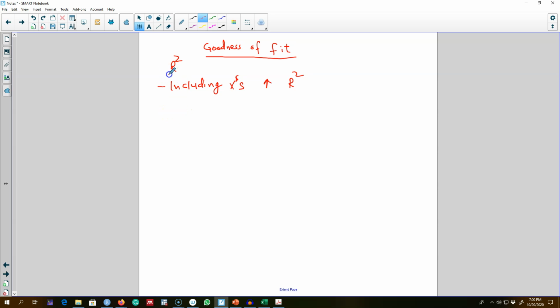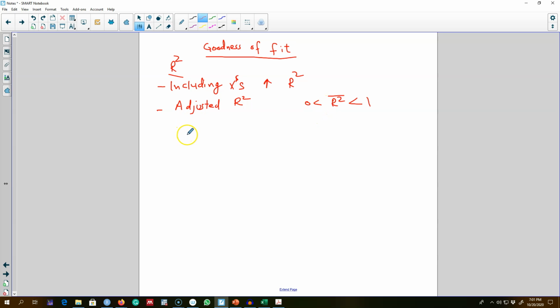Instead of using R squared, we can use adjusted R squared to know more about the fit of the model. And again, the value of adjusted R squared is between 0 and 1. So we put a small bar on R squared to show that it is an adjusted R squared.